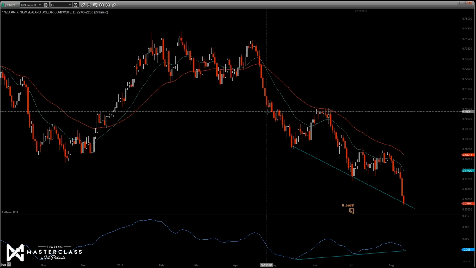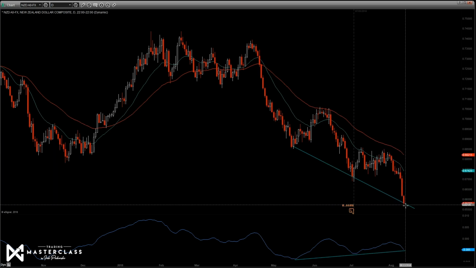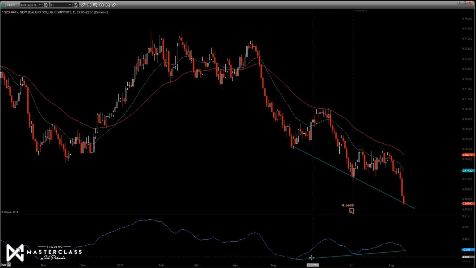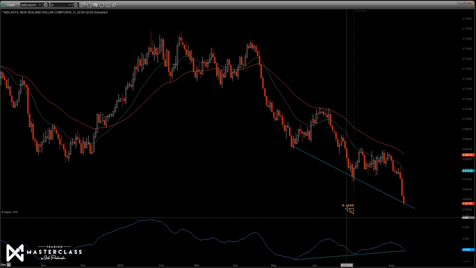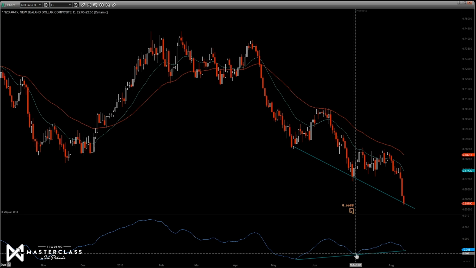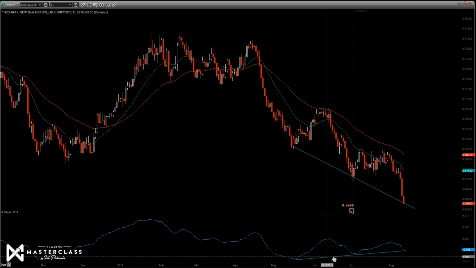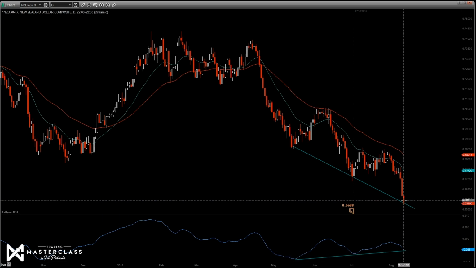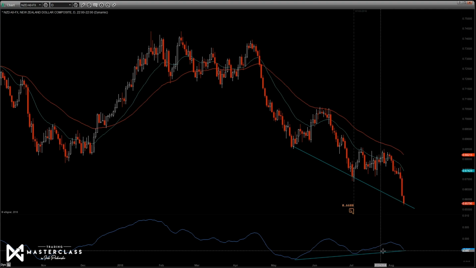The price action is still heading lower, but MACD is heading higher. As we had this lower low here on the chart, MACD gave us a higher low. Previous low, higher low. And then the price action continued to give us another lower low, but MACD continued to give us a higher low.